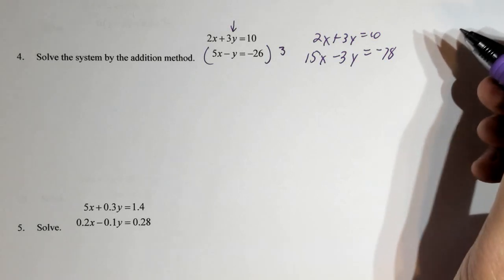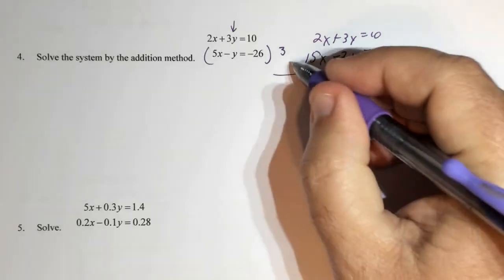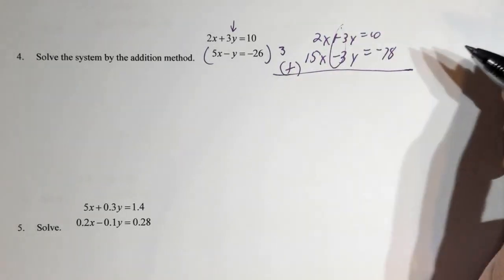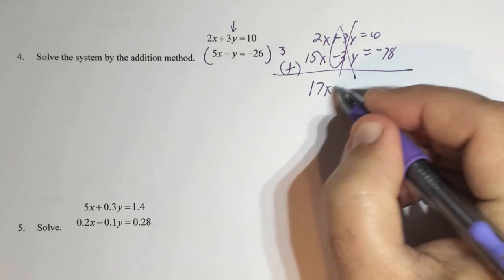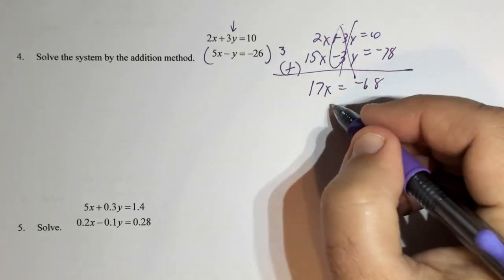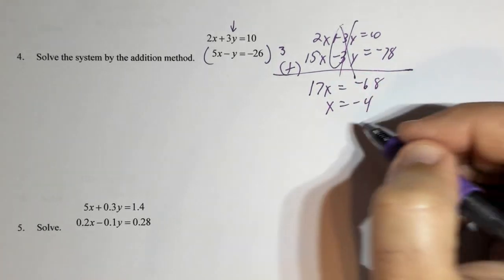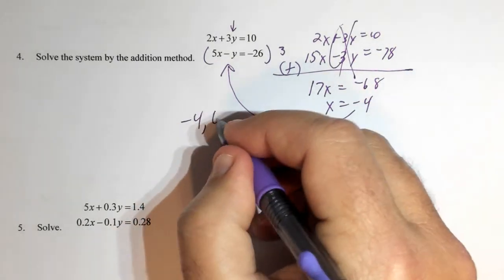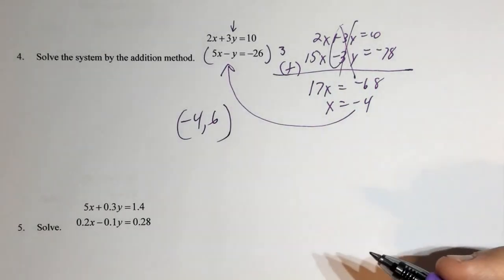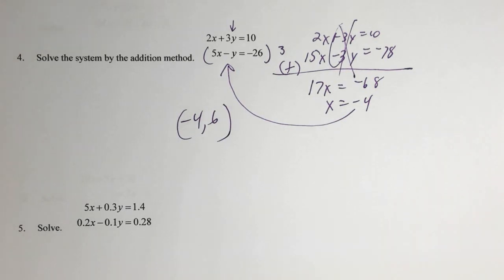Okay, so now we add. Why do we add? Because these are opposite, they're going to cancel each other out. Which gives me 17x is equal to negative 68, which is x is negative 4. And we plug it back in, and we get negative 4, 6 again. Alright, so we know both methods.